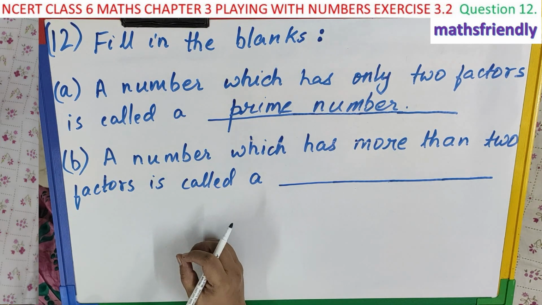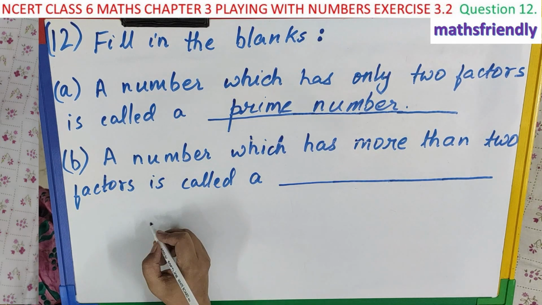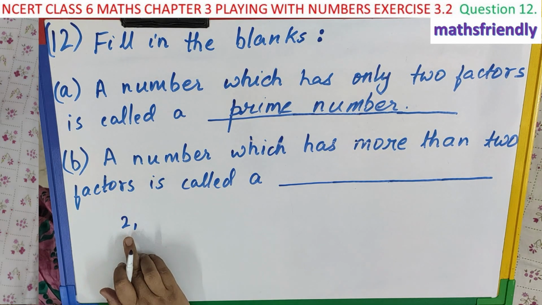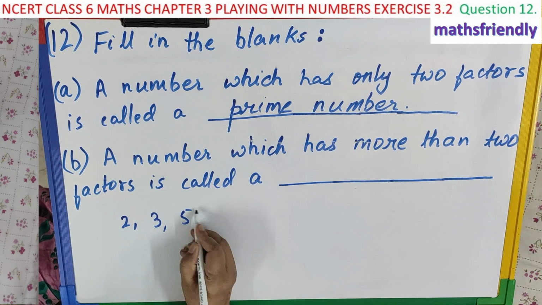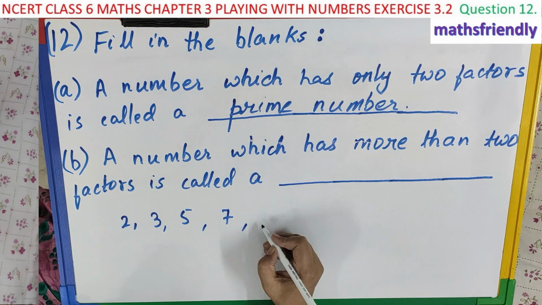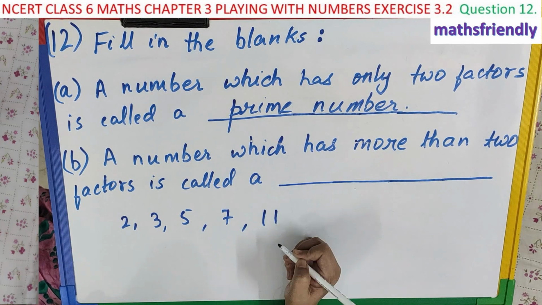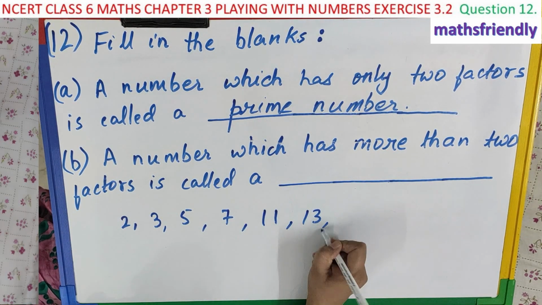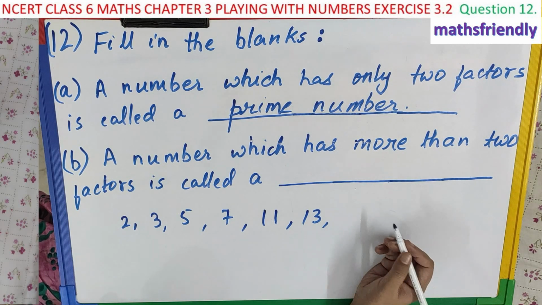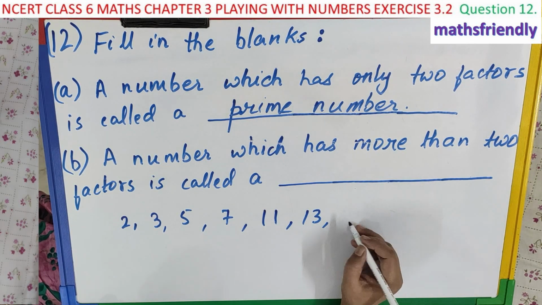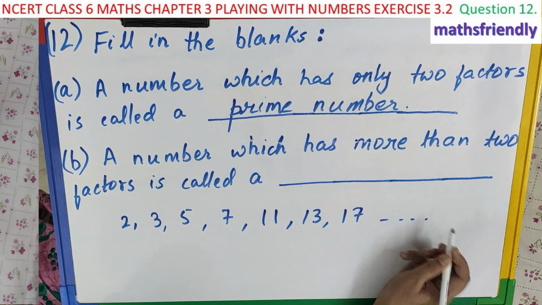Prime numbers start with 2, 3, 5, 7, not 9, not 10, 11. 11 is a prime number, 13 is a prime number, 15 is not, 16 is not, 14 is also not a prime number, 17 is a prime number, and so on.